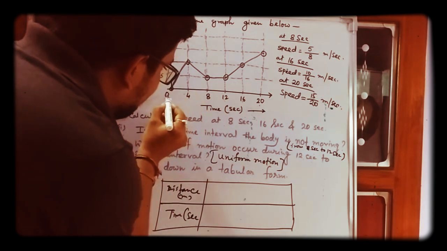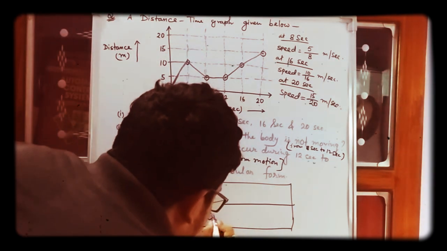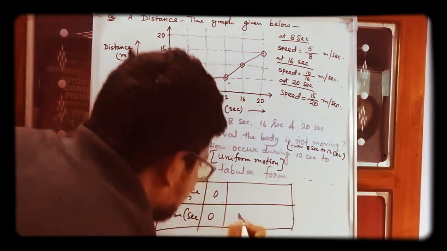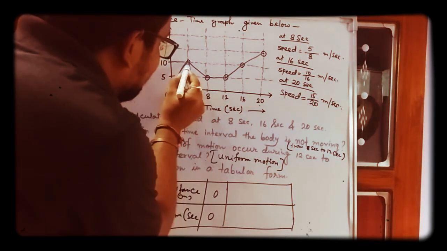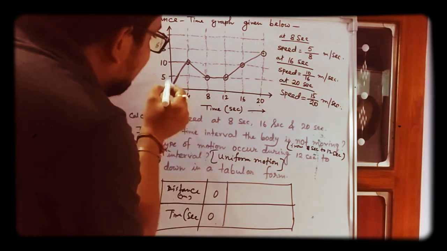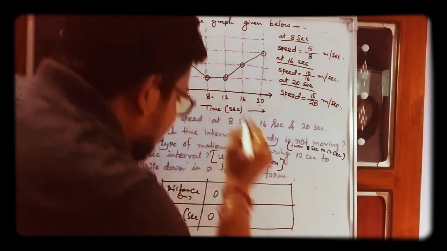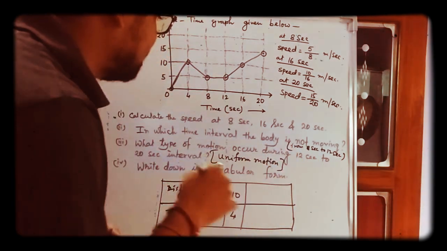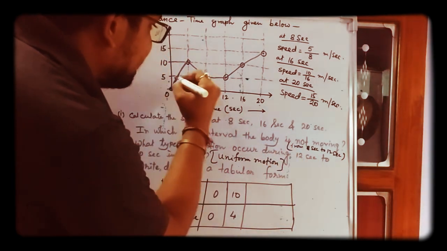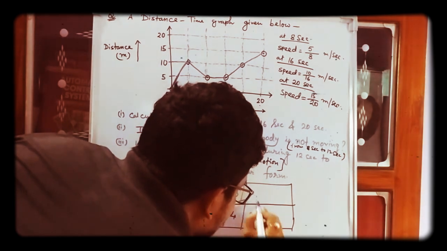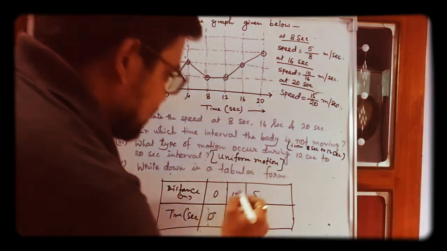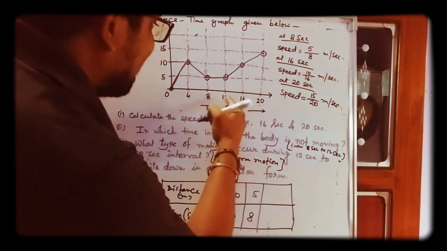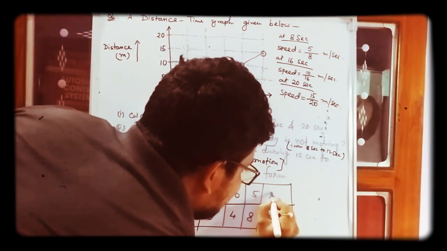This is the point 0, 0, which means at time 0 the distance is also 0. The next point is this point, time is 4 and distance is 10, so this is 4 comma 10. So at time 4 the distance is 10. Next, at time 8 the distance is 5. Next, at time 12 the distance is 5.